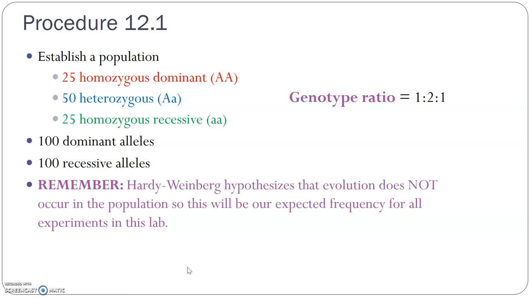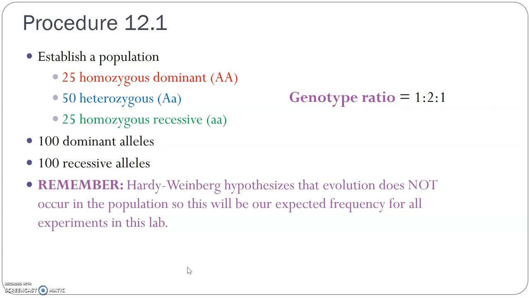So if we tie that back to something we've talked about before, this gives us a genotype ratio of 1 to 2 to 1. So the genotype ratio of 1 to 2 to 1 is 25%, 50%, 25%. This will be your hypothesis for the entire lab, right? Your hypothesis will not change no matter what.